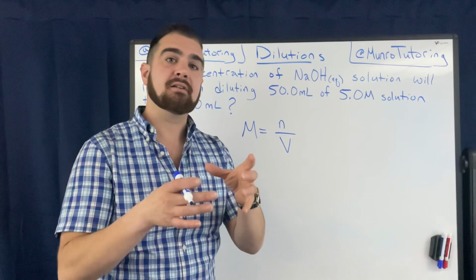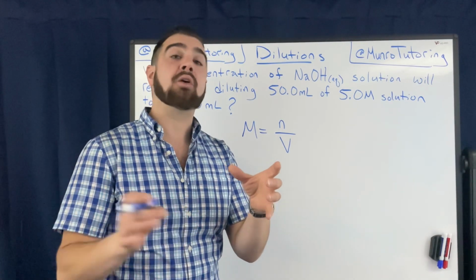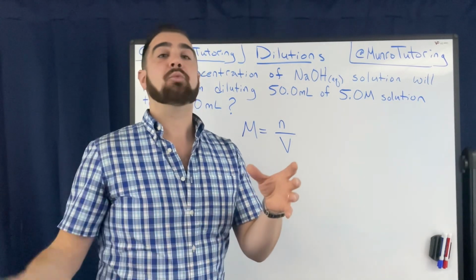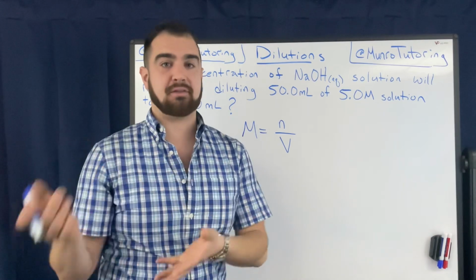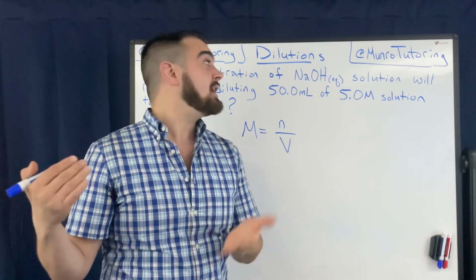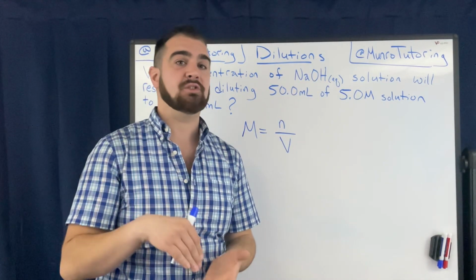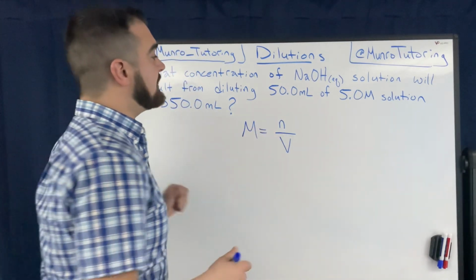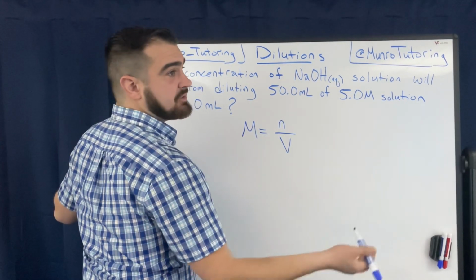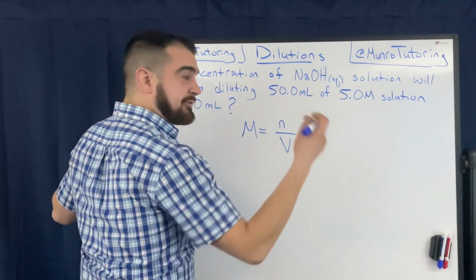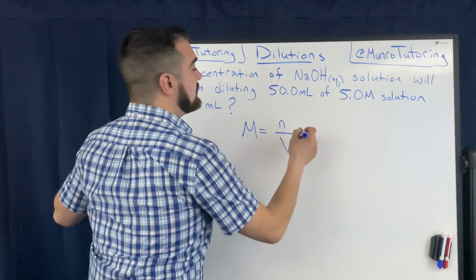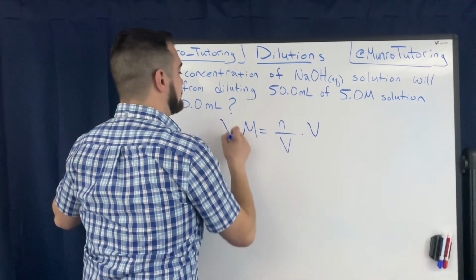Because we have a beaker with a certain quantity of a certain concentration of stuff, we dilute it, but we don't remove anything, and we don't add any of the solute to it. We just add water. So if we solve this for moles, because moles are going to remain the same before and after dilution, we can multiply both sides by volume.